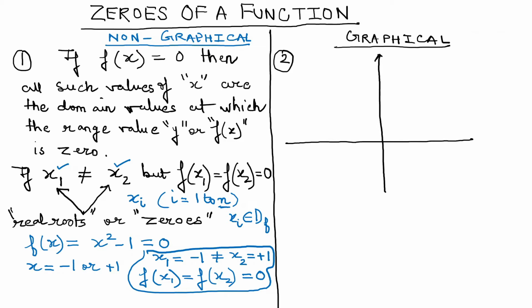This is the positive side of the y-axis, which we can symbolize either by plus y or plus f(x) in this case. This is the negative side of the y-axis, or minus f(x). This is the positive side of the x-axis, and the left hand side is the negative side of the x-axis, and this point is nothing but a 0.